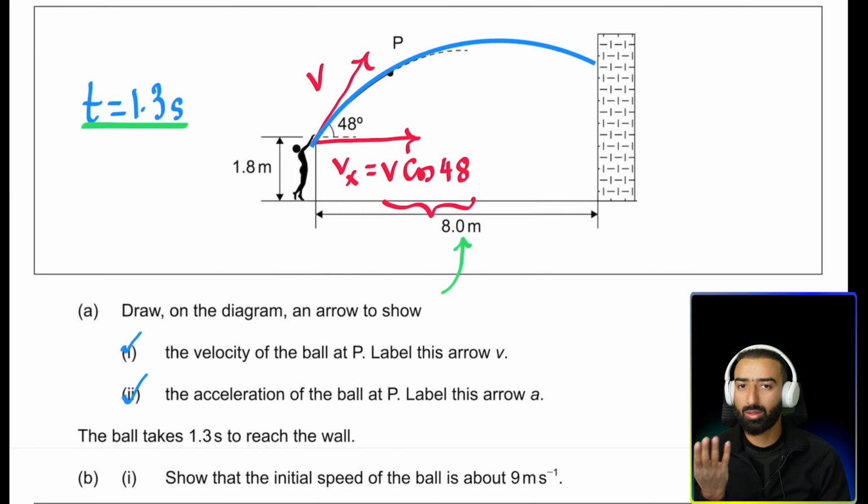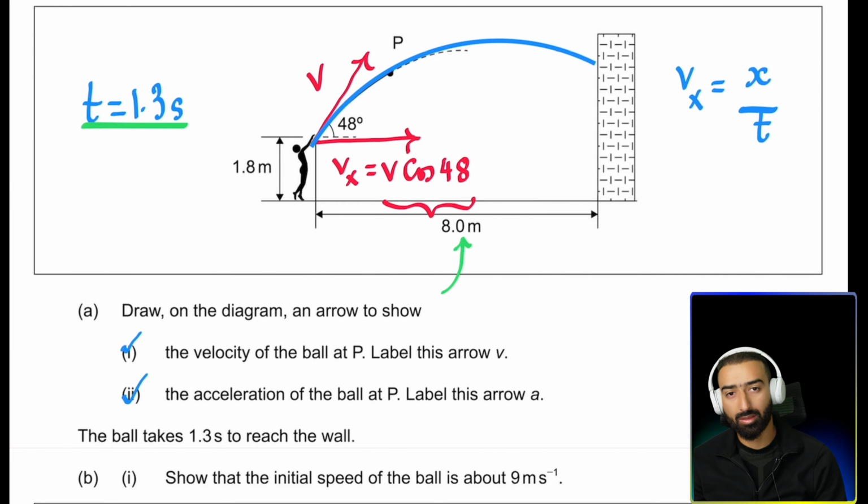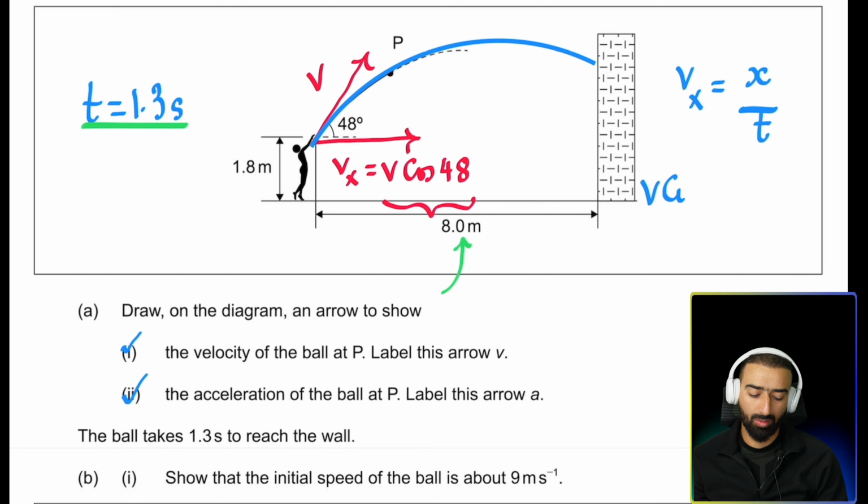We can simply use the equation: horizontal velocity is equal to the horizontal distance covered divided by the time it took to cover that distance. And Vx would be V cosine 48. The horizontal distance traveled is 8.0 meters and the time it takes is 1.3 seconds.